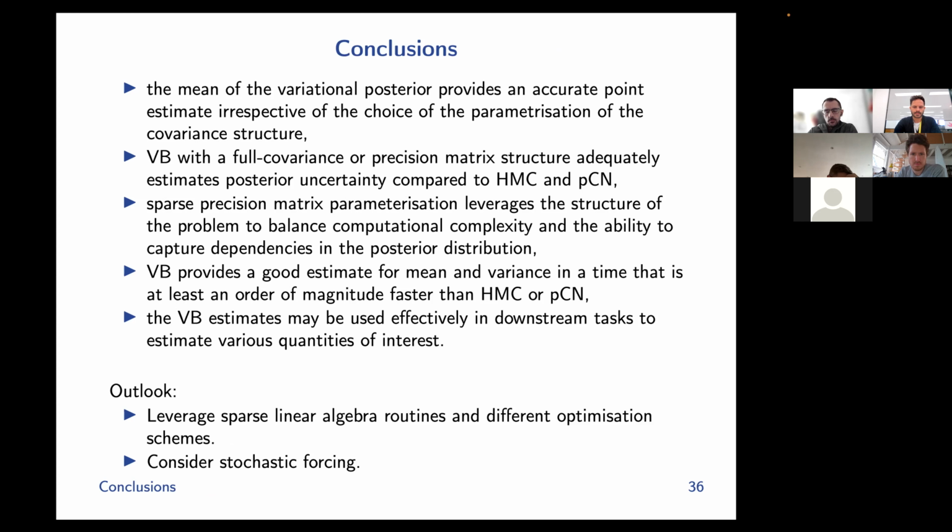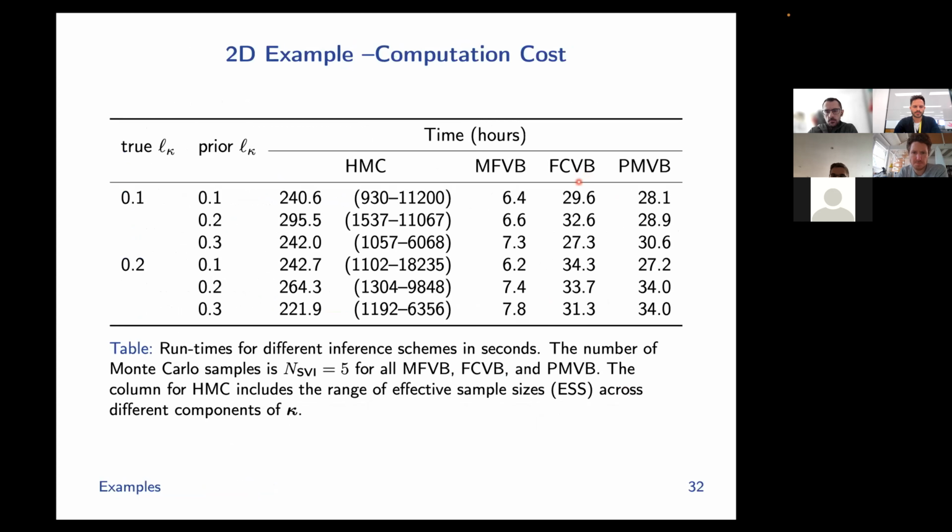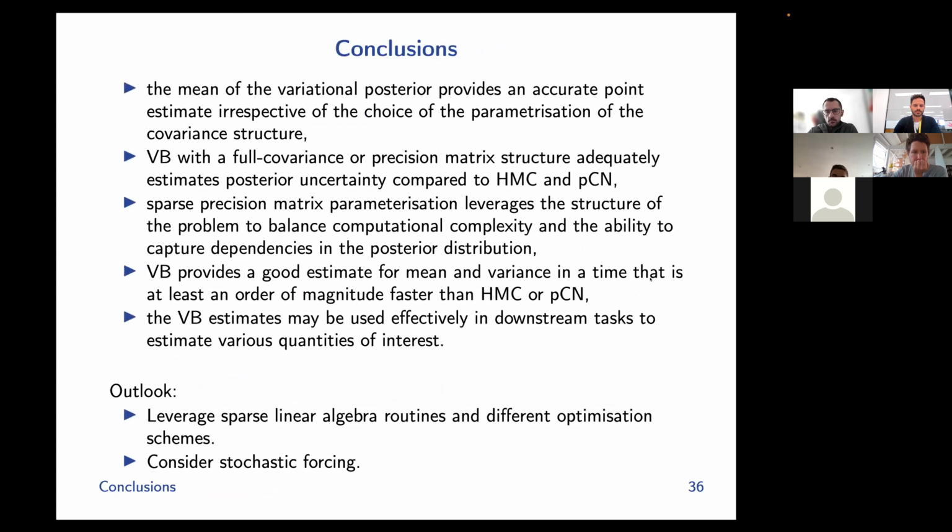One thing that I want to mention is that at the moment, the precision matrix parametrization is useful in the sense that we reduce the number of parameters we need to optimize. But as you could see here, the computation times for the full covariance parametrization and precision matrix parametrization are comparable, and that is because we were not using sparse computation, because that's not available in TensorFlow.